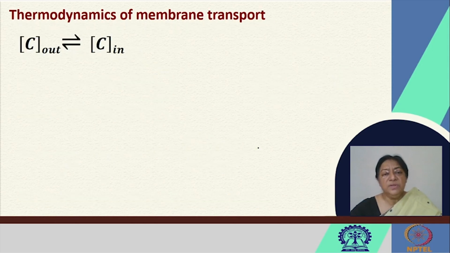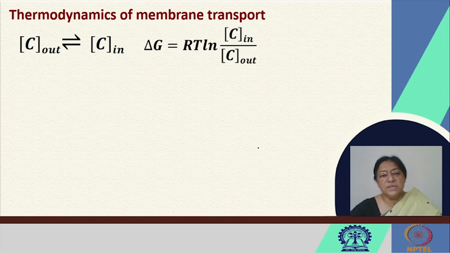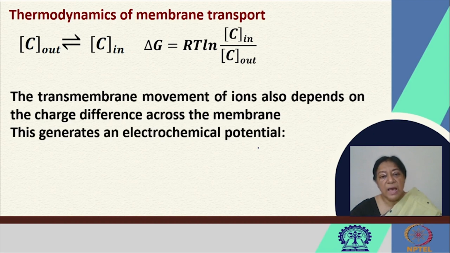If we go further into the thermodynamics of this understanding, we have a delta G that we found out is RT ln C in by C out, and the transmembrane movement of ions will therefore depend upon the charge across the membrane, because we are transporting these ions across the membrane.